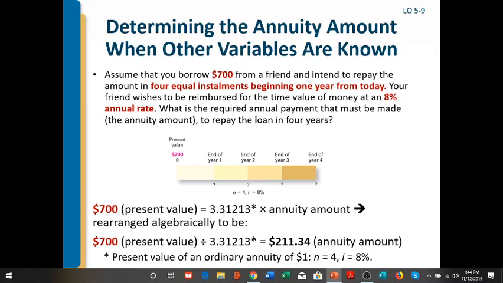Under the 8% column, if you look down at the 4th year, you've got the number 3.31213. You would divide $700 by 3.31213 to come up with $211.34. So that's your loan payment each period.